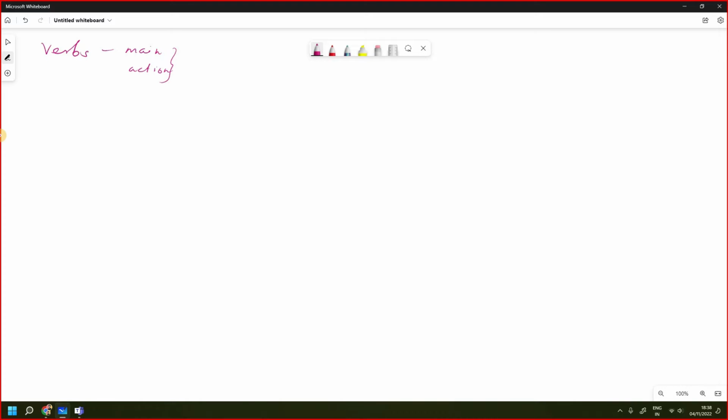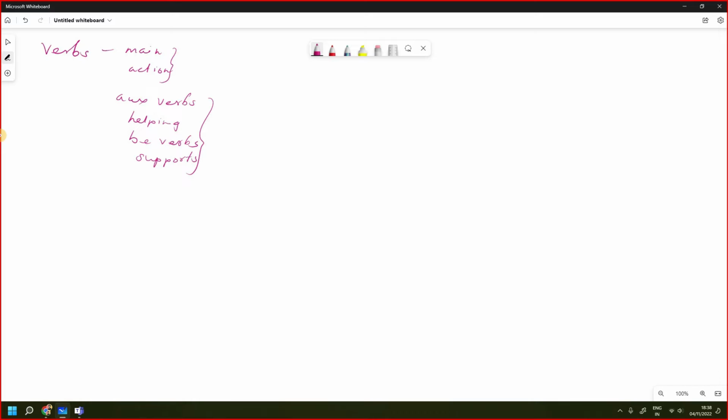And then there is something called auxiliary verbs. Auxiliary verbs, or you can call them helping verbs, or be verbs, or supporting verbs. It has several names. Now these are all the same.